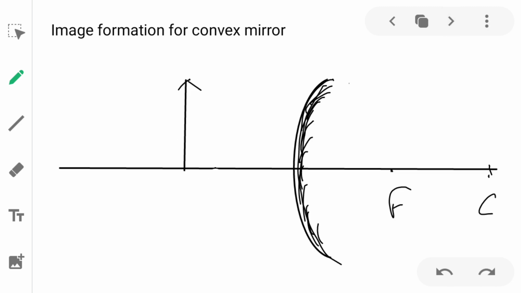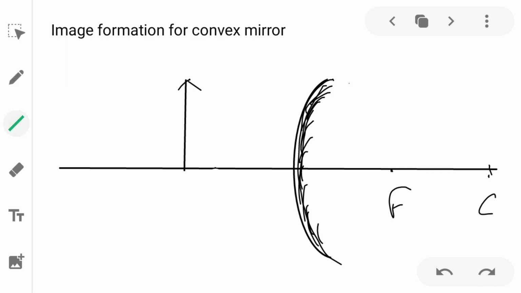Now we'll see the image formation for the convex mirror. In the introduction part, you have studied what type of mirror it is. Convex mirror diverges the rays. It means after reflection, the reflected rays never meet, because this mirror diverges the rays which fall on it.